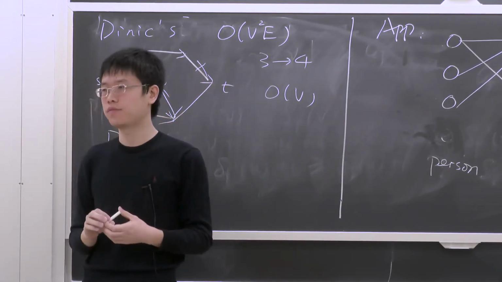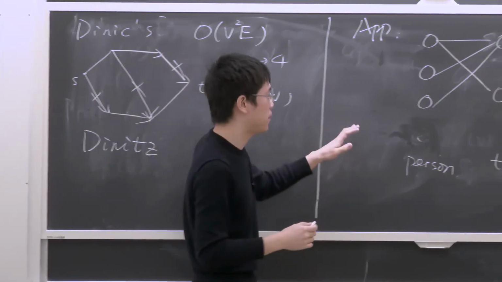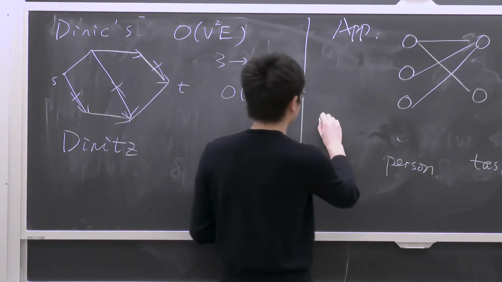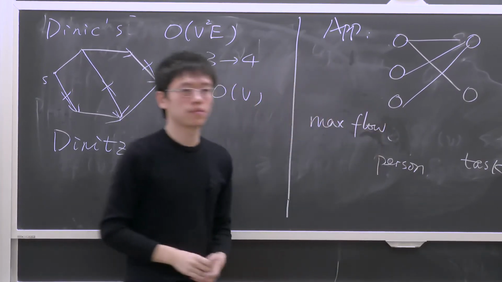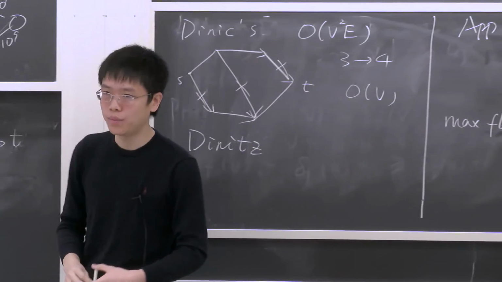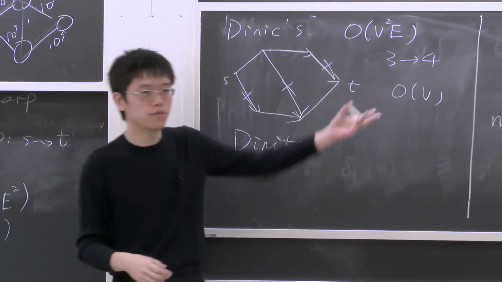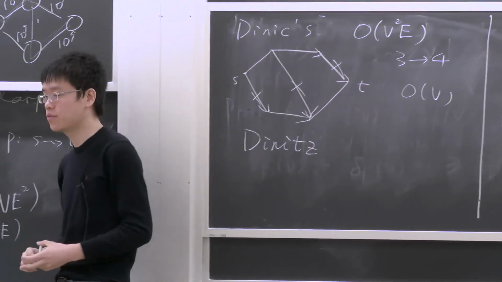But we are going to look at bipartite graphs. And we claim in a bipartite graph, this can be solved using max flow. I'll give you 1 minute to think about how to transform that problem to a max flow problem.